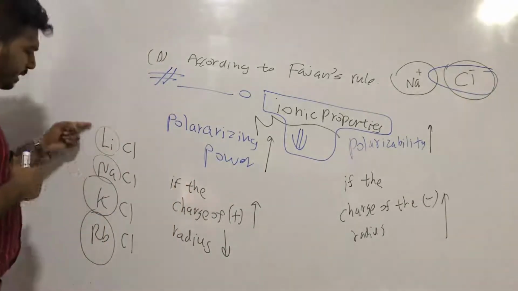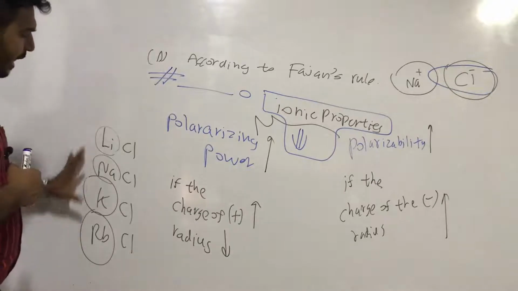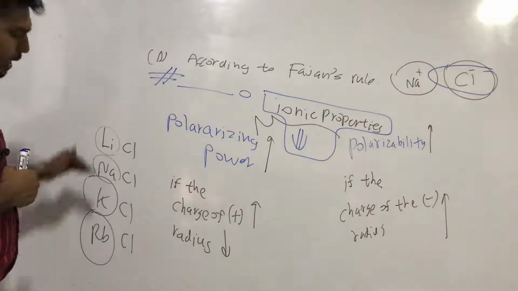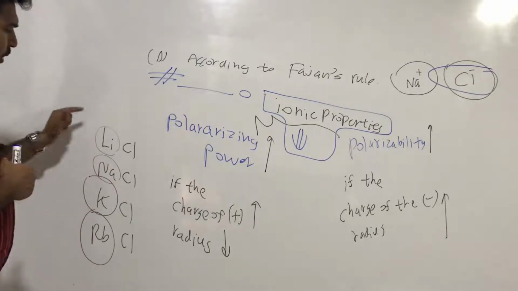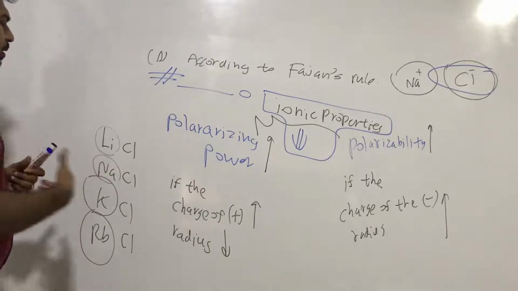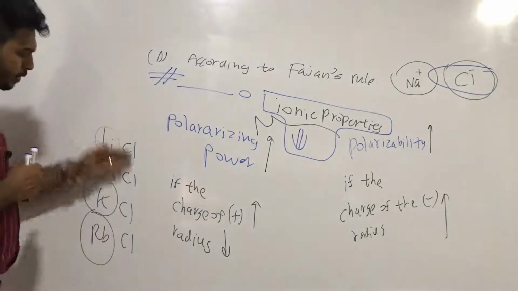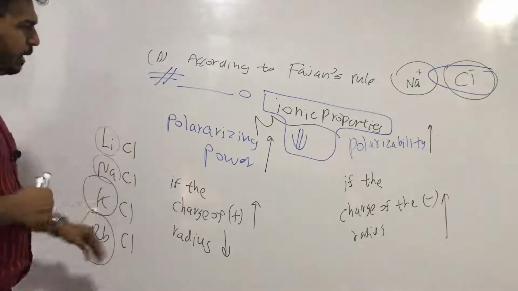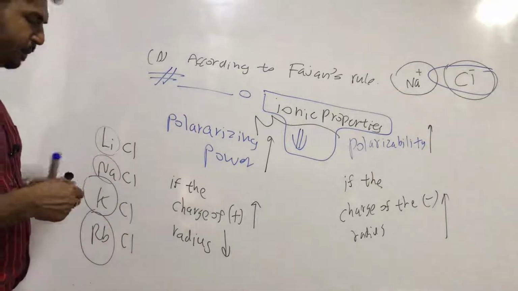So let's consider these atoms. If we consider these atoms, which has the highest ionic property of all these? We know that the anion is common for everyone, so we don't have to consider the anion.